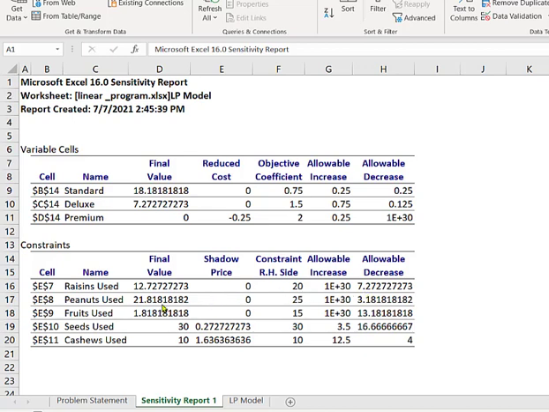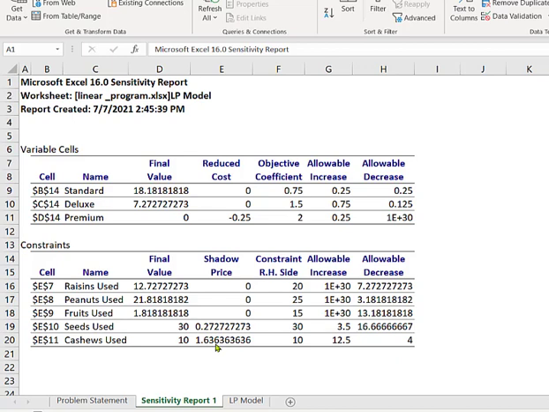The interpretation for peanuts and fruits are pretty much the same. The shadow prices are 0 because we are not using up all of our peanuts, we are not using up all of our fruits. However, the shadow prices for seeds and cashews are positive.